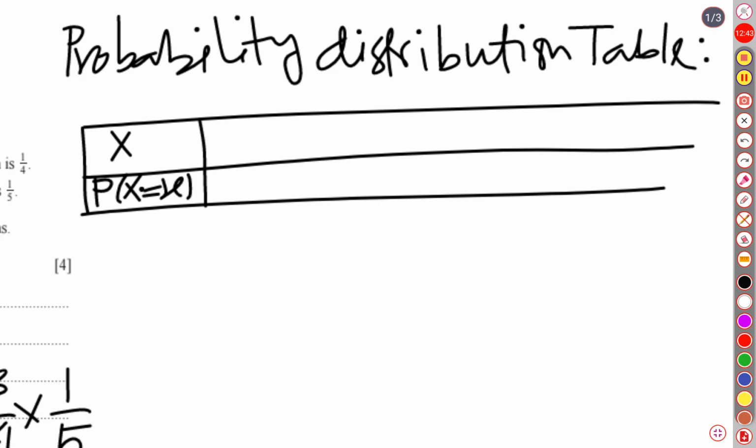If there is no head, meaning zero heads, there might be one head, there might be two heads, and there might be three heads. So what was the probability of no head? Look at this.